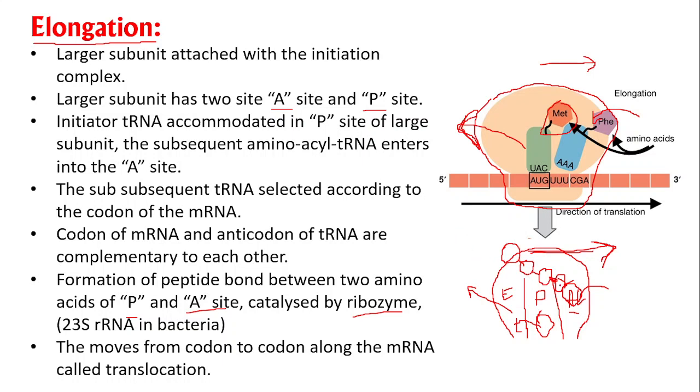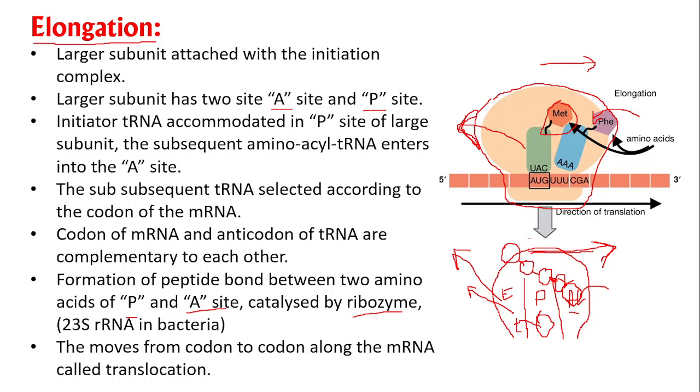Okay, like this. Then when it attaches its own amino acid to the next one, it will get decharged. This decharged, or discharged, tRNA will escape out of the larger subunit by the region called the E site.